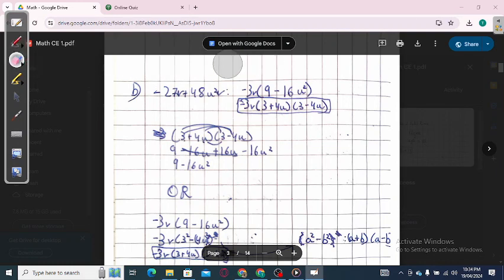You check for divisibility by all of them, and you'll eventually get 3. This is more or less common sense here. 27 and 48, it's kind of obvious that 3 is the only value that's common between them. So you divide by 3, but please note, if there is a negative sign at the beginning of the expression they give you, write the GCF in negative form.